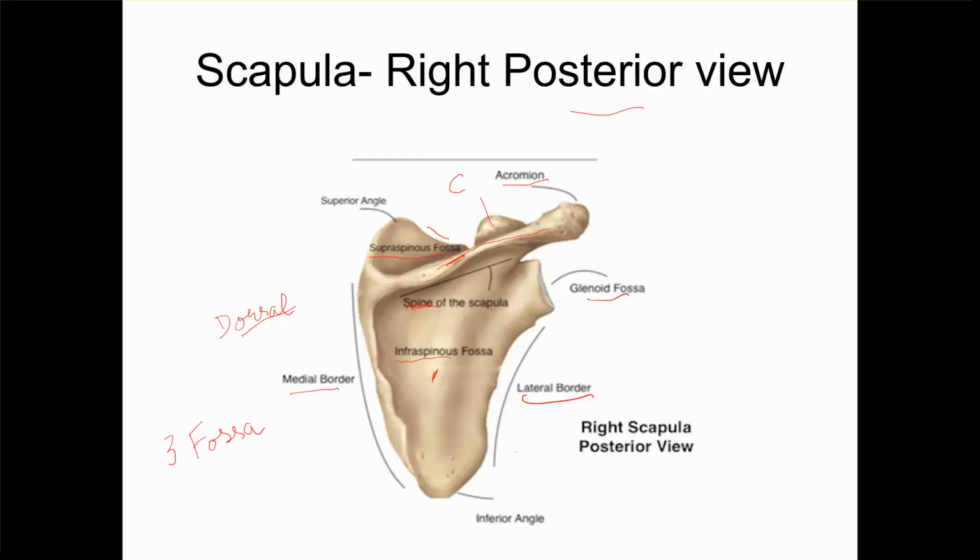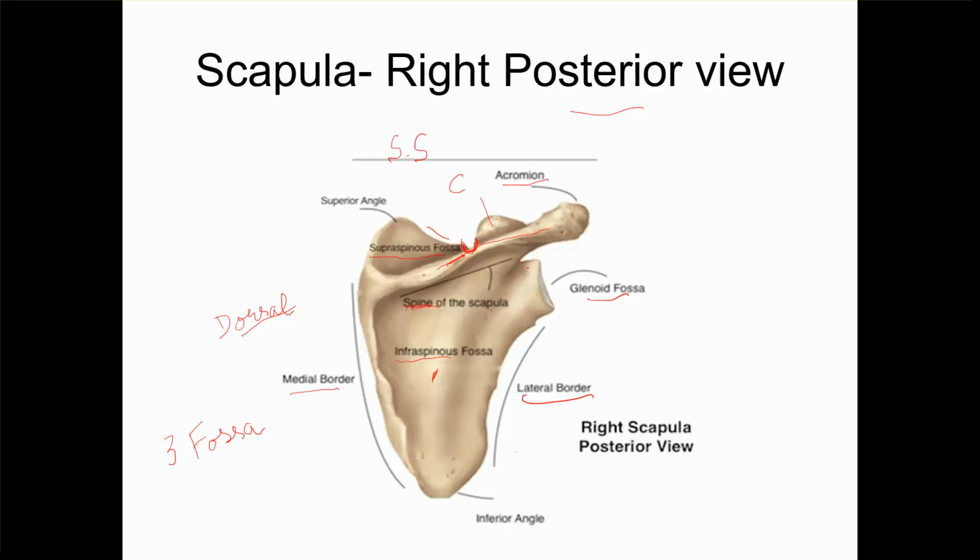Now we have two notches. If you run your finger along the superior border, you will come across this notch. The name of this notch is the suprascapular notch. The meaning is that it is along the superior border, so it is called the suprascapular notch.